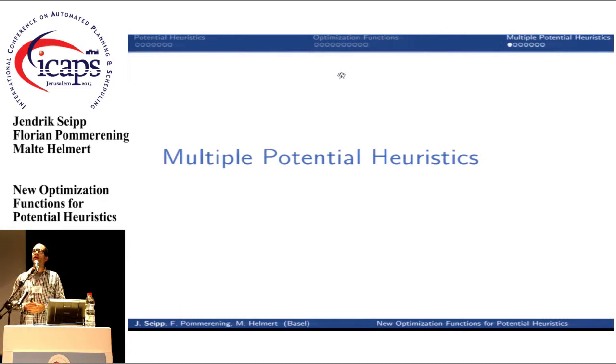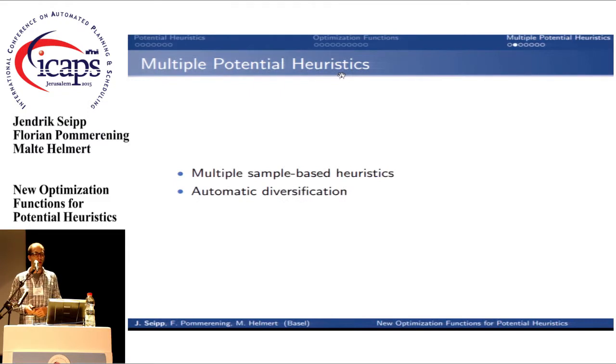Given that we can pre-compute multiple potential heuristics very fast and evaluate them very quickly during search, we can obviously pre-compute multiple of these potential heuristics and use the maximum of them during search. This is what the last part of my talk is going to be about.